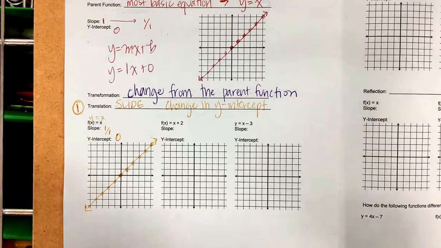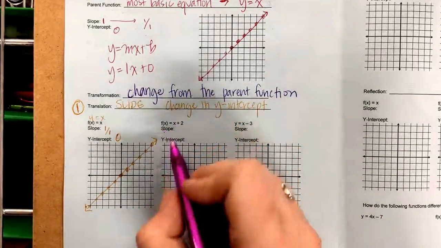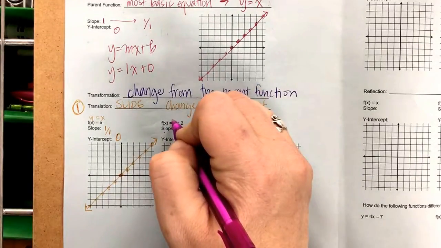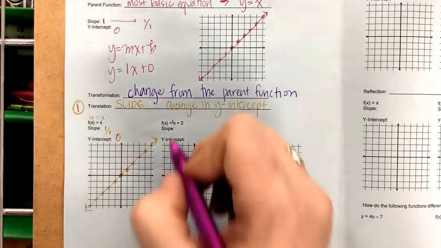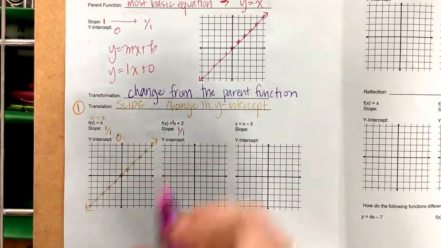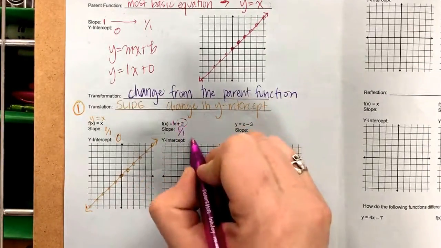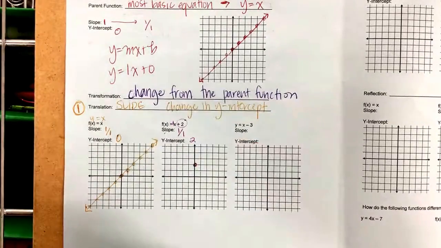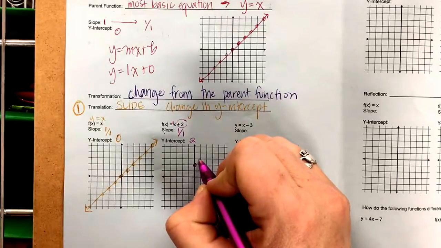I'm going to compare this equation to this equation. So let's look. What's my slope in f of x equals x plus 2? What's the slope? Well, there's a 1 in front of it, so it's 1 over 1. And what's my intercept? Plus 2. So that means I'm going to go up 2, and from there I'm going to go up 1 over 1.